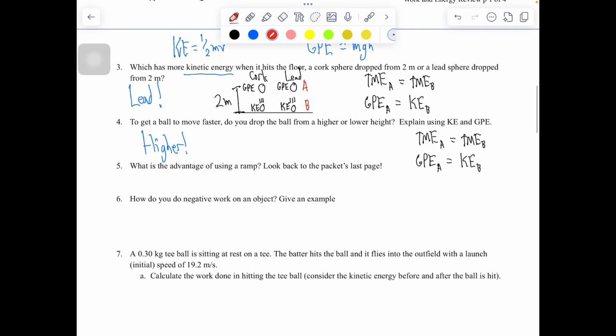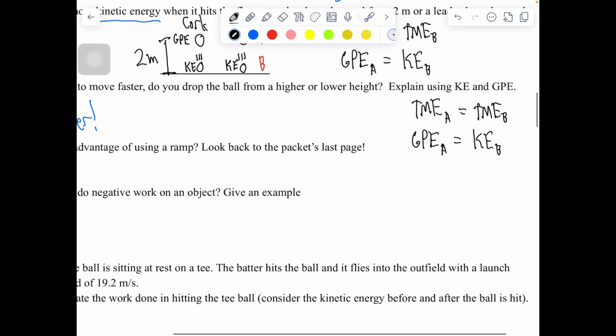What is the advantage of using a ramp? Look at the packet's last page. So on the packet's last page, page 19, we have a problem that looks a little something like this. We have a triangular ramp right here. Someone is taking the box, lifting it up from the ground up to the tippy top.